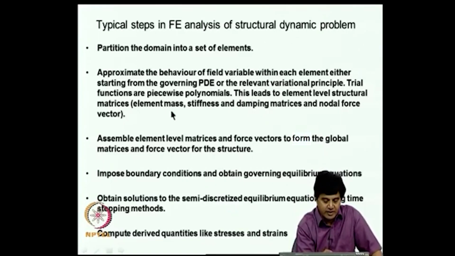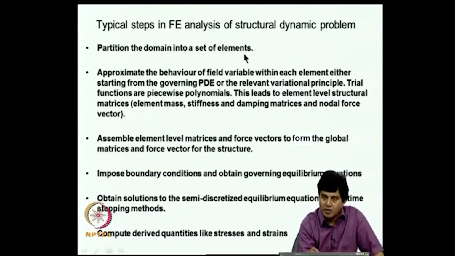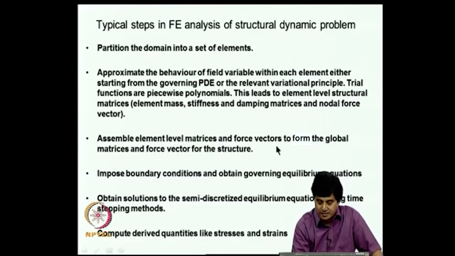Typically in dynamics we get element mass, stiffness and damping matrices and a vector of nodal forces. Next, we have now partitioned the domain and analyzed each bit like this. Now, the next job is to put all this back and form the built-up structure. So, we assemble element level matrices and force vectors to form the global matrices and force vector for the structure. This is assembling.